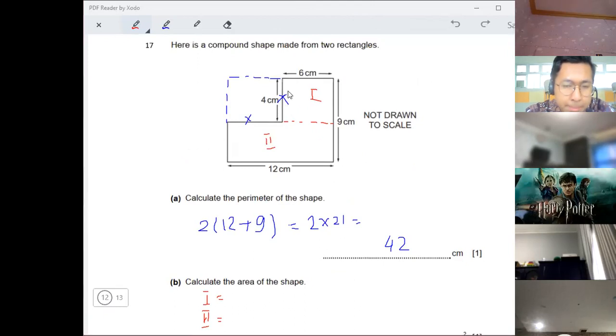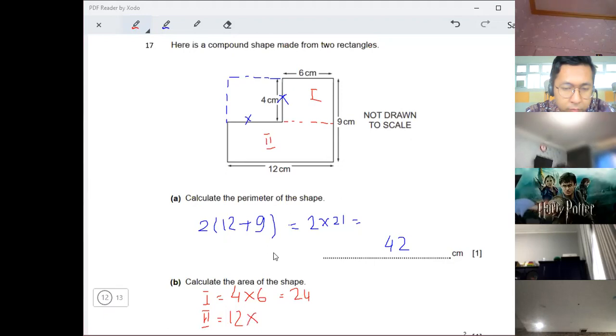Okay, for the area, 4 times 6 is the area 1. 24. And the area 2 is this one. 12 times what? 5, because 9 minus 4. So this is 5.